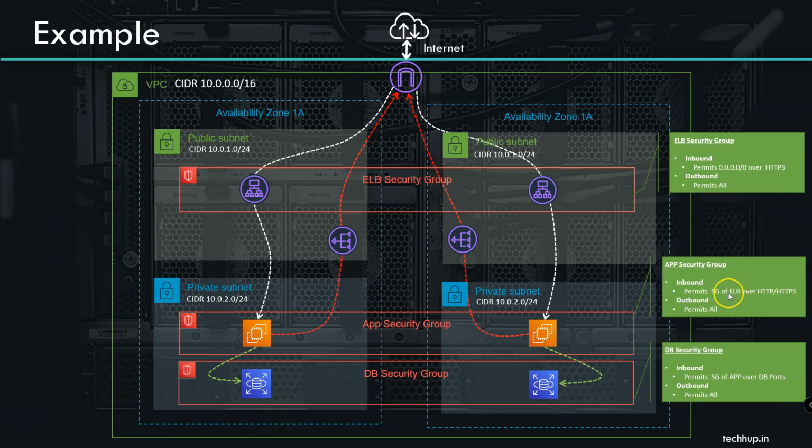What it means is that it is allowing the ELB security group as the source in the inbound connection. So the private IP addresses of these two elastic load balancers are being considered as the source for the inbound connection in this app security group.